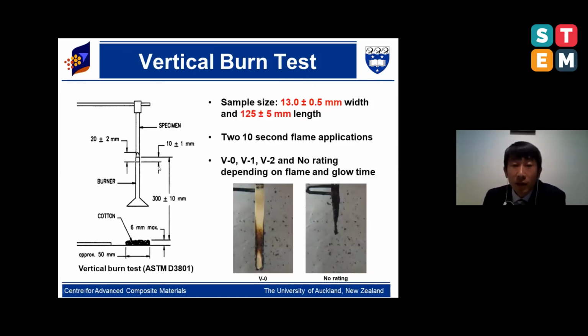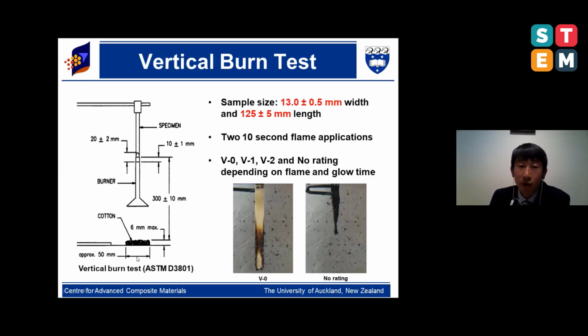For the vertical burning test, we usually prepare a rectangular specimen. After that, we expose it to flame two times, each for 10 seconds. If the material survives the two flame exposures without the cotton fabric burning, then the material can achieve V0 grade.